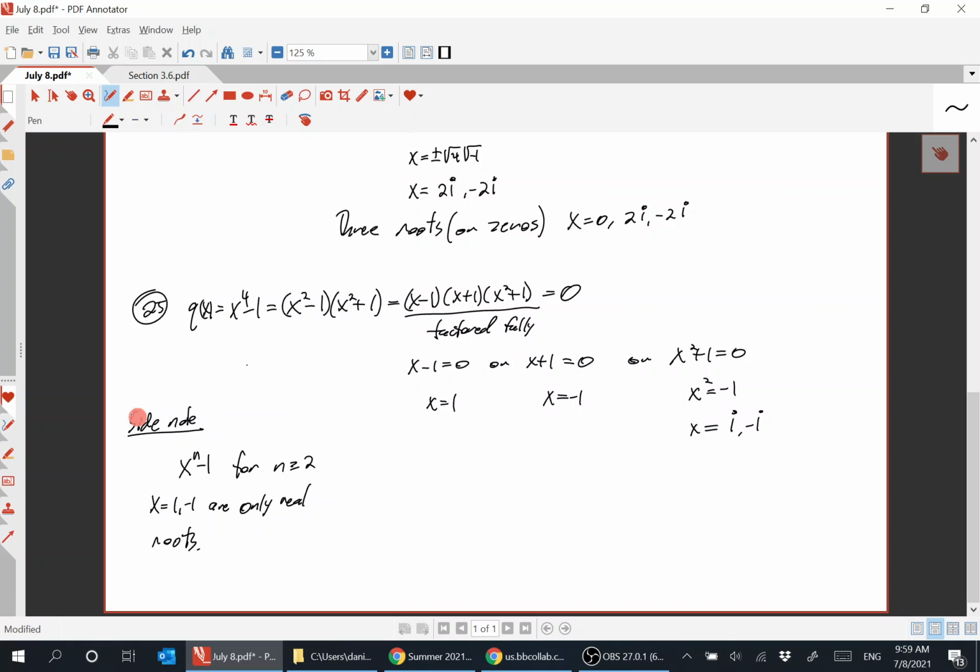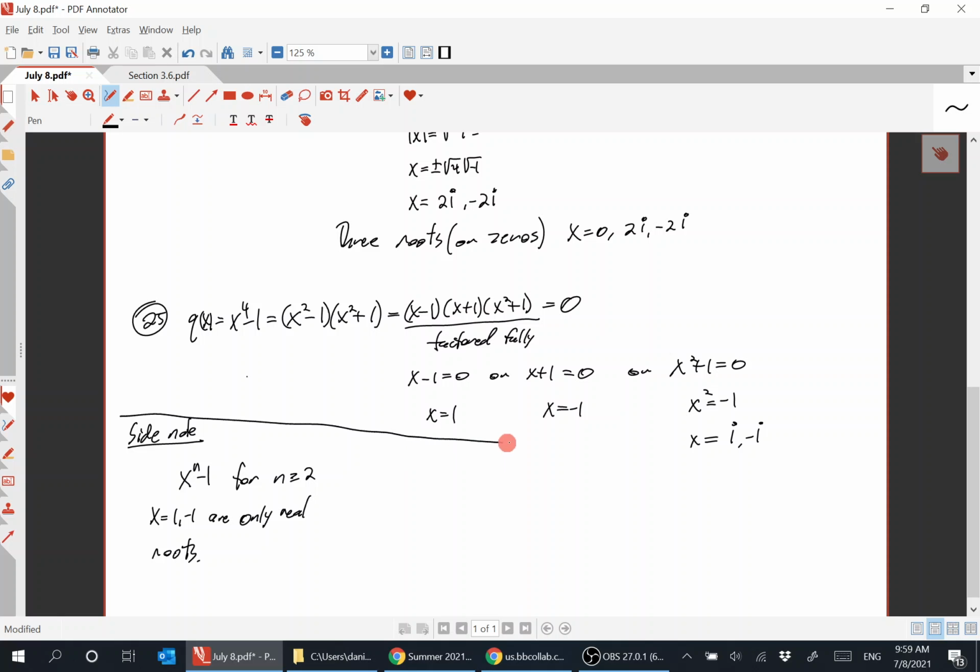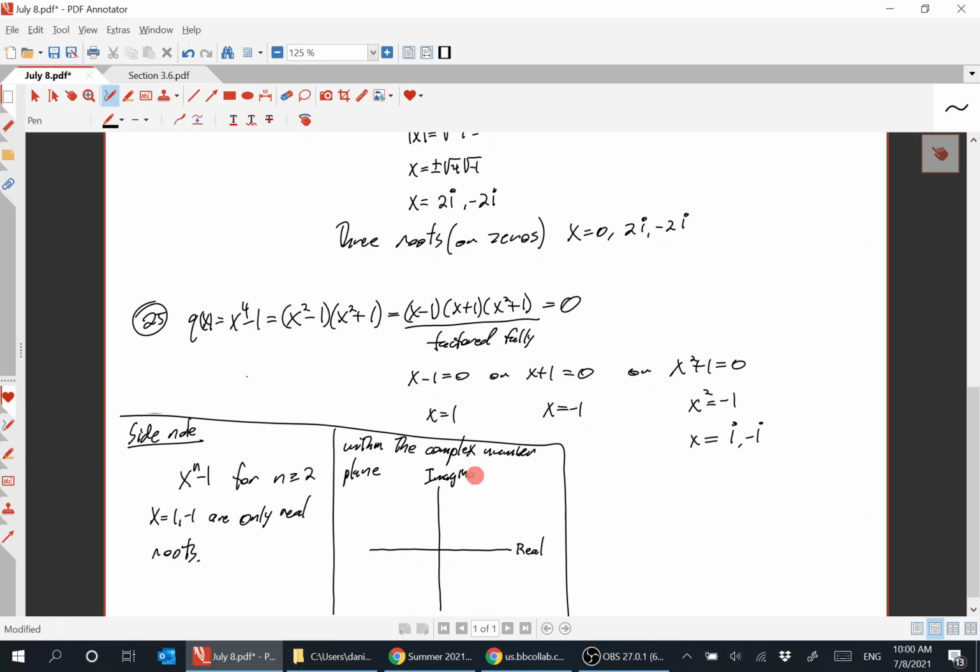But when you look within the complex number plane, it's this two-dimensional plane where this is the real axis, it's called, and this is the imaginary axis.